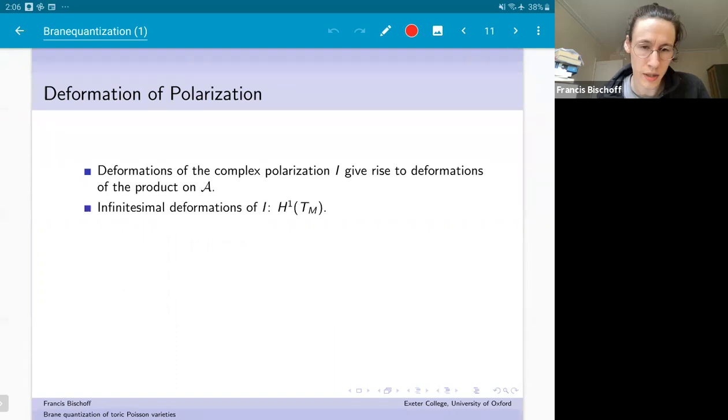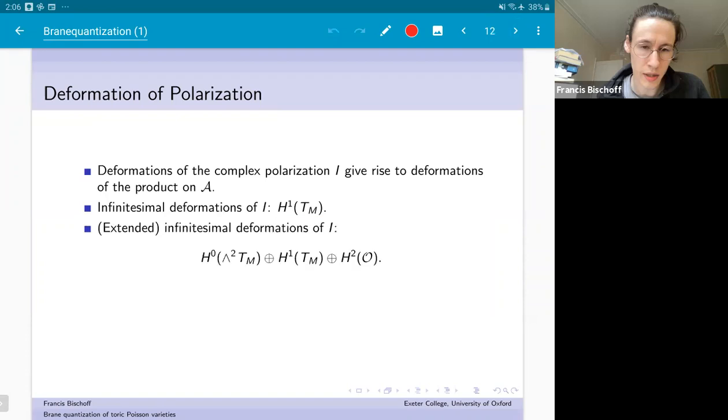One type of deformation is if we deform the complex structure, and infinitesimally this is controlled by this cohomology group. The deformations of the product that would result correspond to the different ways of endowing M with the structure of a projective variety.